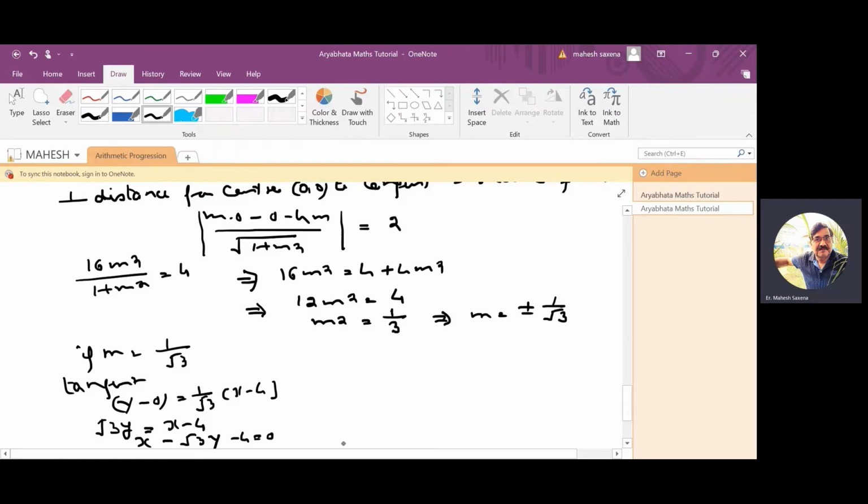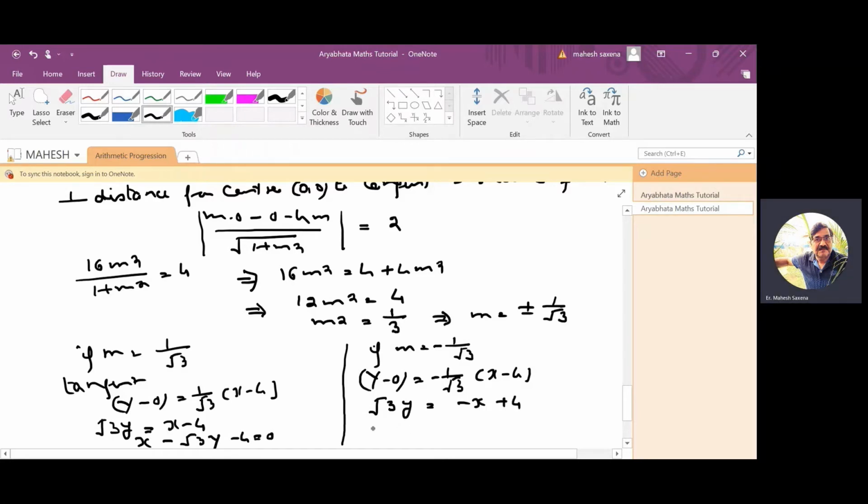And second case, if m is equal to minus 1 upon root 3, the equation will be y minus 0 is equal to minus 1 upon root 3 times x minus 4. By cross multiplying, we will get root 3y is equal to minus x plus 4.